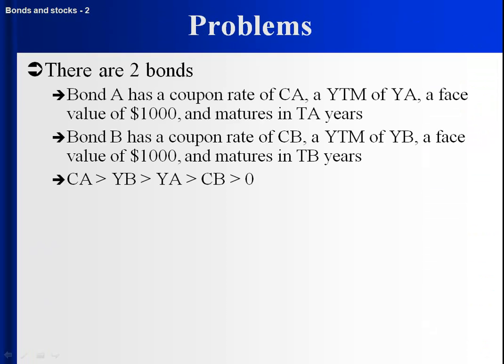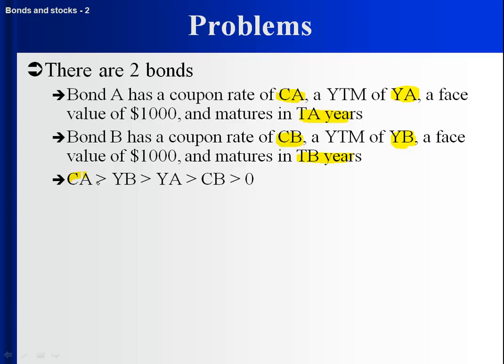All right, so let's try a problem. We've got two bonds, A and B. A has a coupon rate of CA, a yield to maturity of YA, face of $1,000, and matures in TA years. B has coupon rate CB, yield to maturity YB, and matures in TB years. So what do we know?